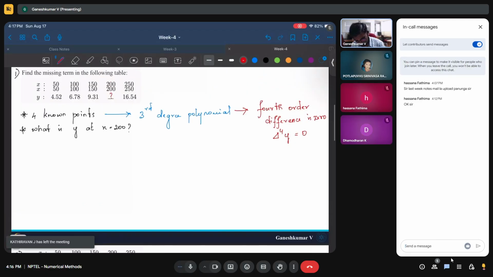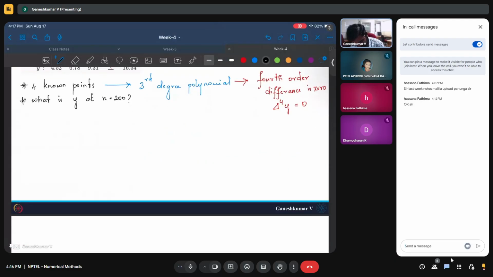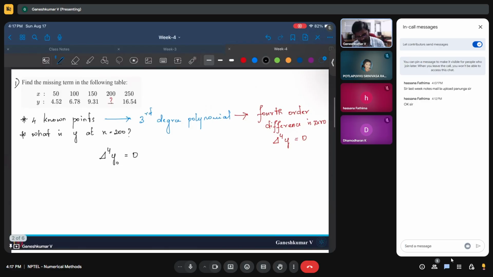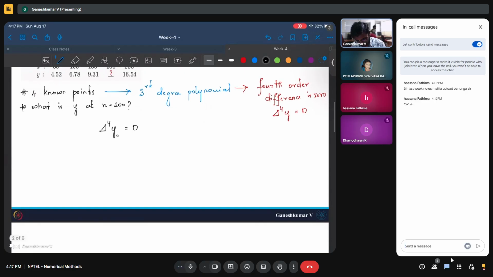So we can express this as del power 4 y naught is equal to 0. Delta operator is actually E minus 1, right? E is a shift operator, so if I replace it like that, this will be (E minus 1) power 4 y naught is equal to 0.